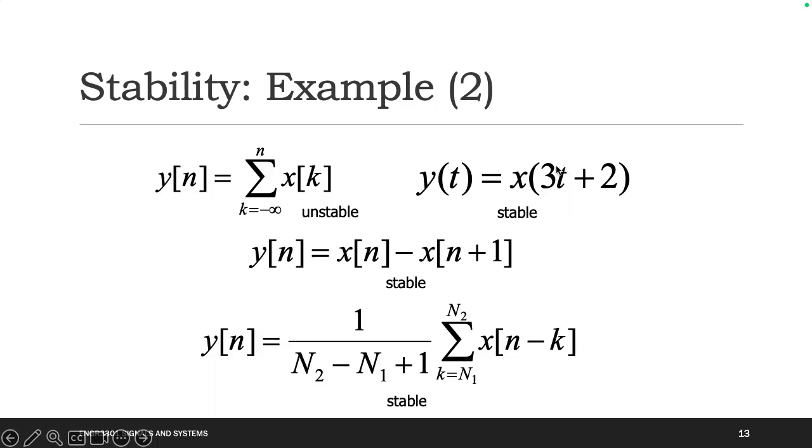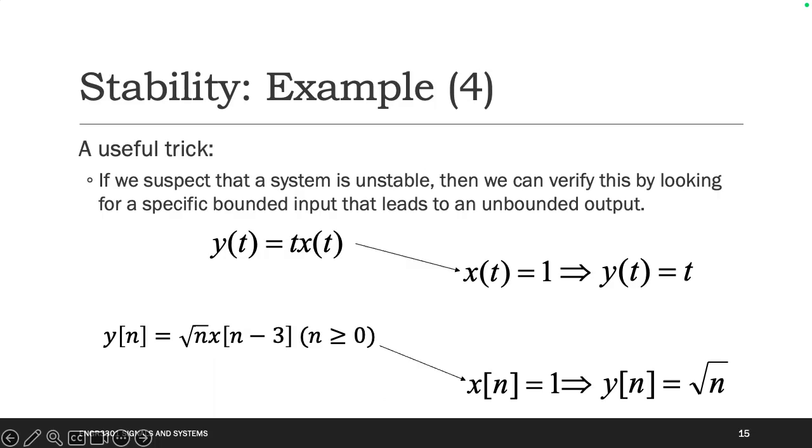It is bounded, am I right? So you can use that method we just talked about. Here this is 1, this is also 1, 1 minus 1 is 0. Similar with this, it is 1, and then you just add the number 1s together, so it will be bounded. That makes sense to you? So this is a useful trick. You can use it to judge whether a system is stable or not.